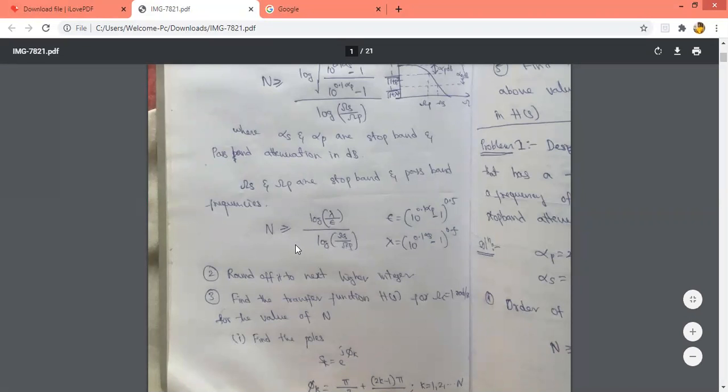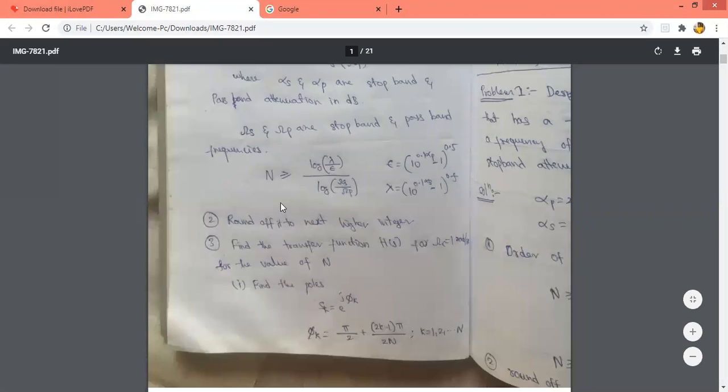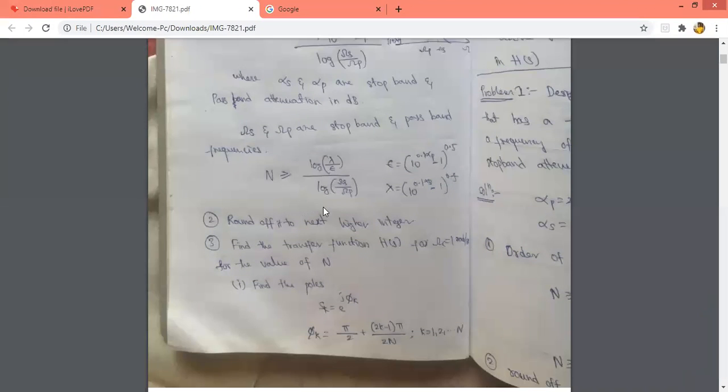After finding n, you will get a real number in decimals, and that should be rounded to the next higher integer value. For example, if you get 2.1, it should be rounded to 3. If you get 2.9, it should also be rounded to 3. Whatever value you get after the decimal point, it should immediately be rounded to the next higher integer.